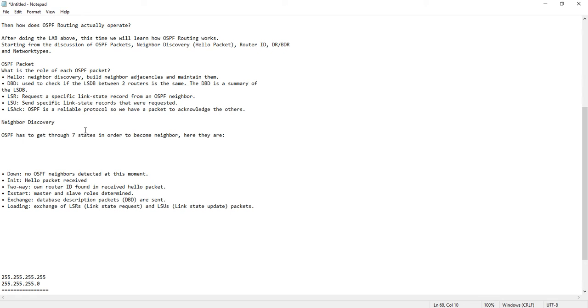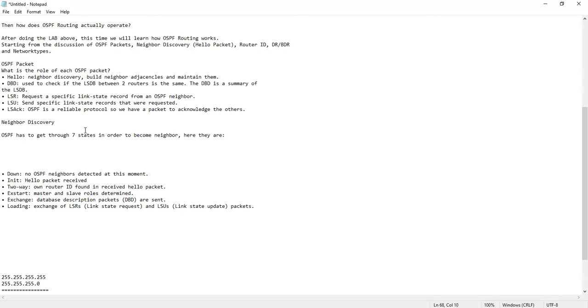LSR requests a specific link state record from an OSPF neighbor. LSU is the specific link state record that we requested. LSAck: OSPF is a reliable protocol, so we have a packet to acknowledge the others.